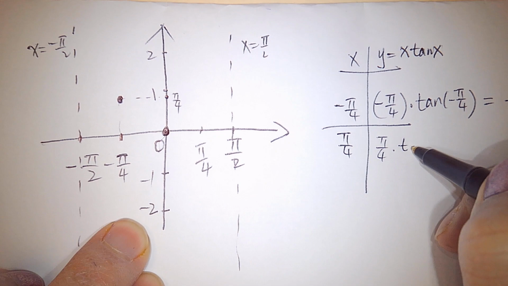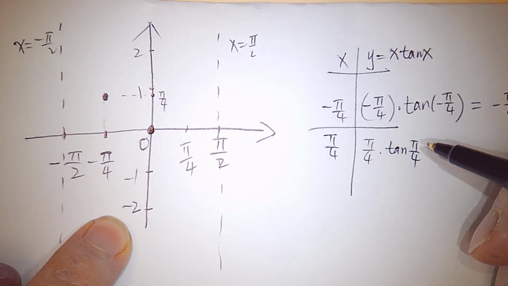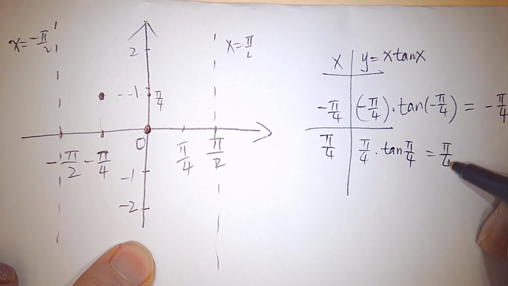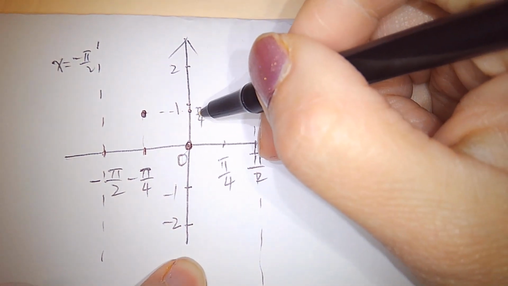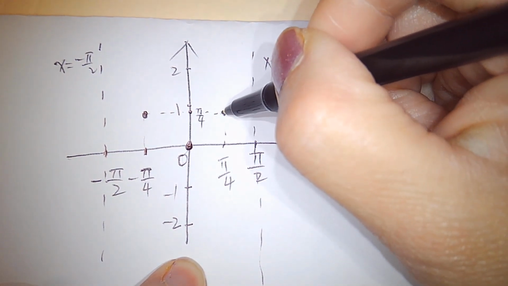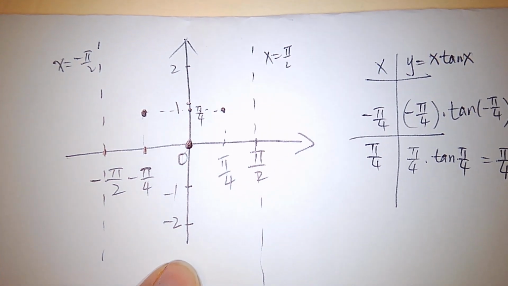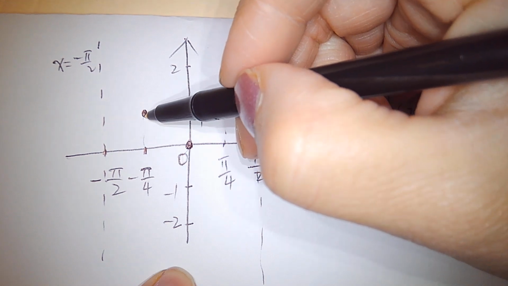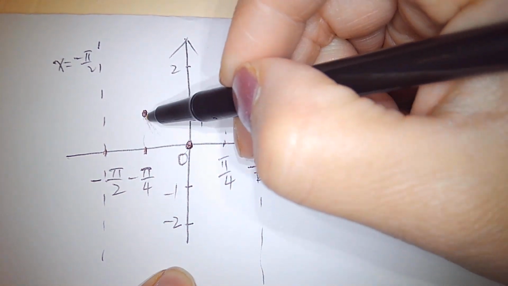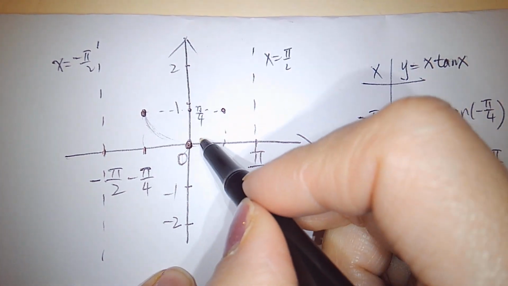Pi over 4 times tangent of pi over 4, which is pi over 4 times 1, pi over 4. So x equals pi over 4, y equals pi over 4. Since we know it's symmetric to the y-axis, you could just assume that the second point goes there, right?